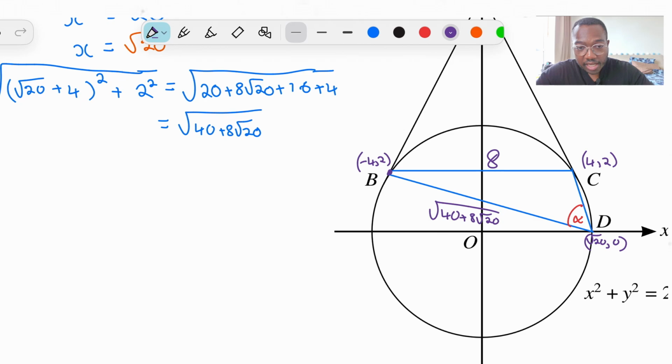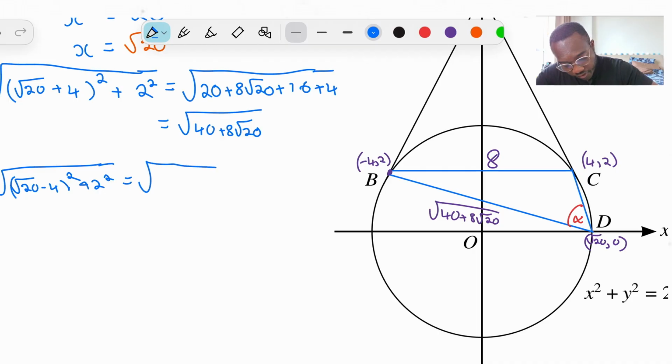So now we do the same for CD. Now with CD, we have root 20 and 4, okay? So that would be the square root of root 20 minus 4, all squared. And then we also have 2 and 0 again, so that's a plus 2 squared. And we can do the same thing, okay? So we get a 20 here.